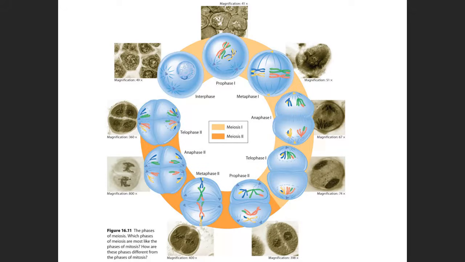Crossing over occurs during prophase 1, where the non-sister chromatids exchange DNA, so to give us a very unique combination of alleles compared to what we had before. And the other thing, of course, is the independent assortment of chromosomes, in metaphase.